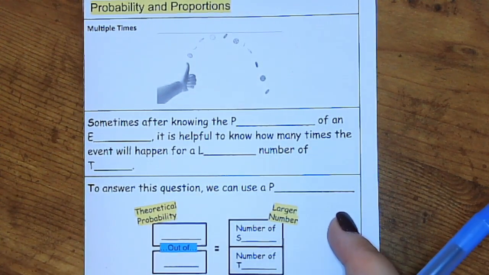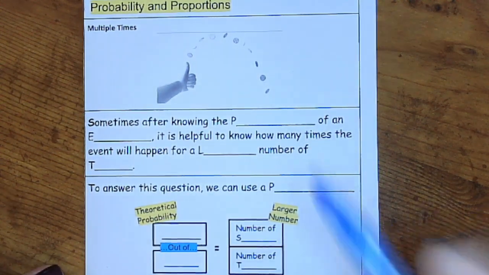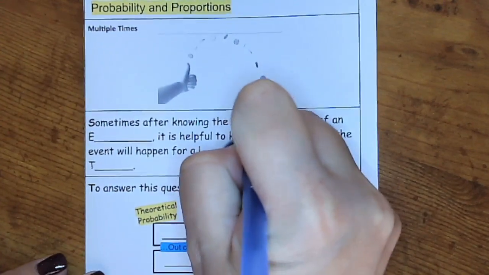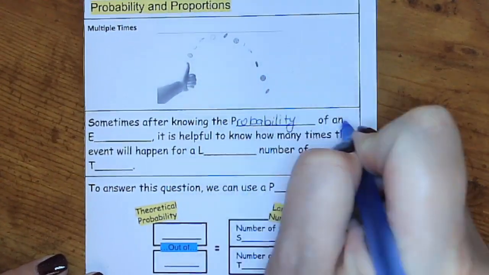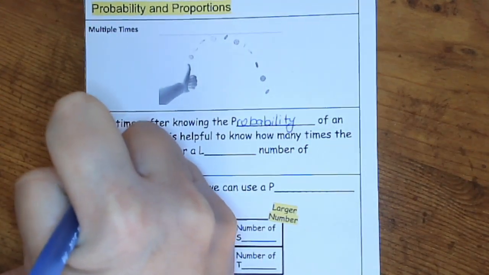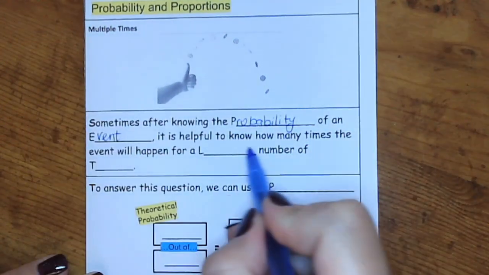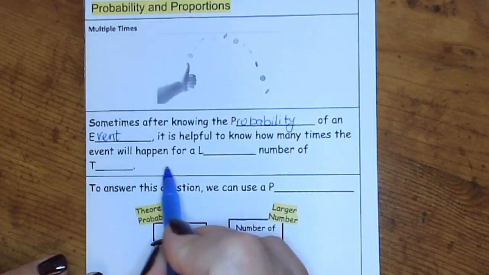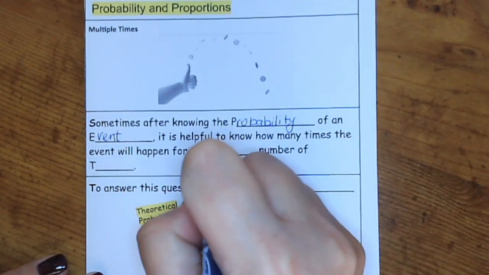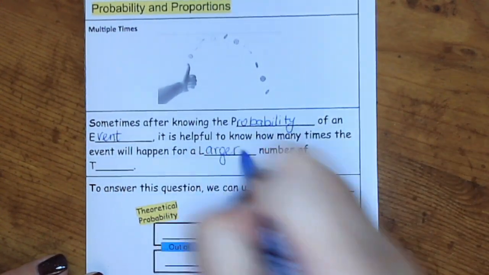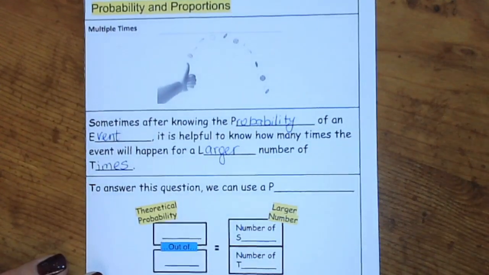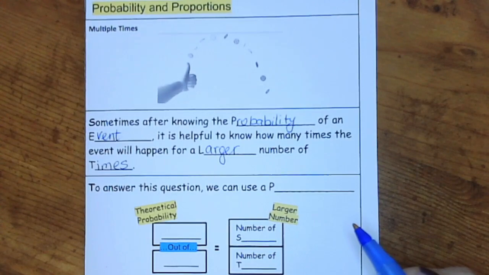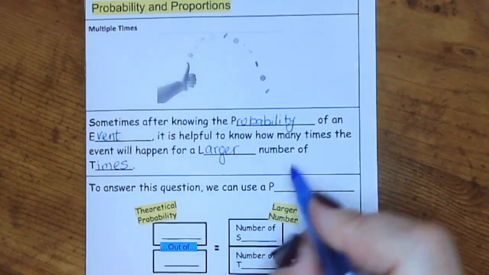So sometimes, after knowing the probability of an event, it is helpful to know how many times the event will happen for a larger number of times. To answer this question, we can set up a proportion.